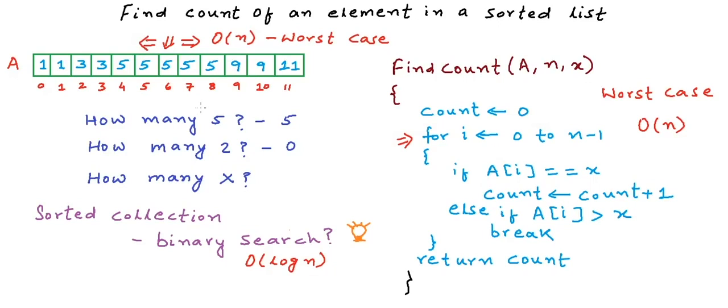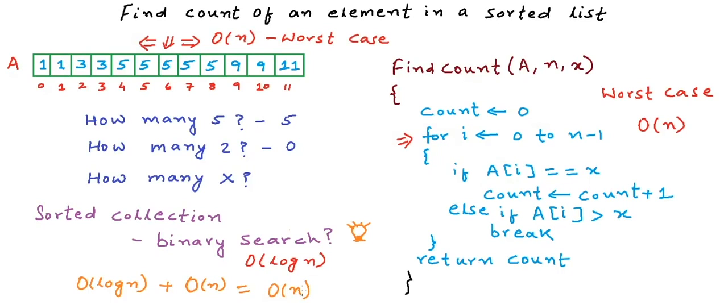Because to perform binary search we will take big O of log n time, and then to find out all the adjacent occurrences of x we will take big O of n in the worst case. So for higher values of n, log n is negligible in comparison to n, so this is eventually big O of n.